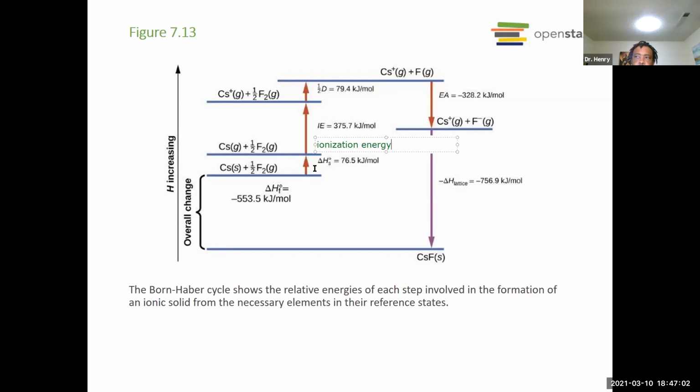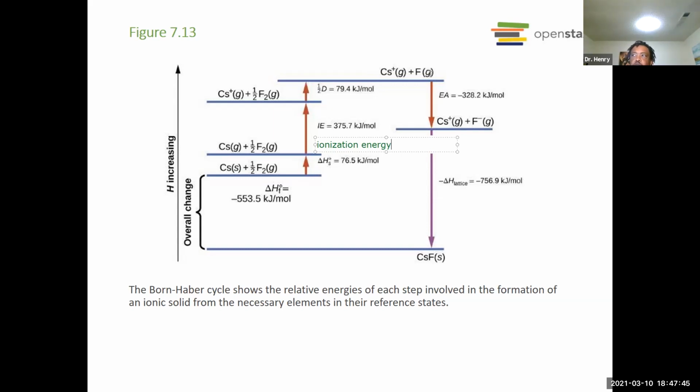So it's going to be the ionization energy added on to the enthalpy of the state change from solid to a gas. And then we have our dissociation energy for dissociating the fluorine. It's 1/2 the dissociation energy. So then we get cesium plus the fluorine gas.